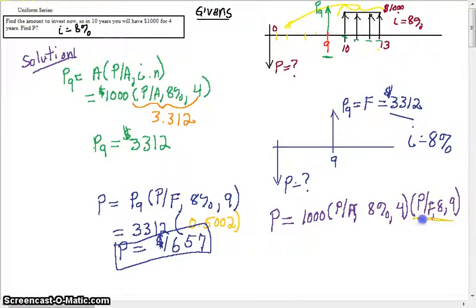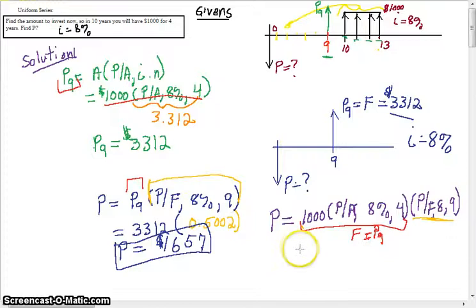This value here is the same one as here, and it's multiplied because this value here is P9, which is that value there. And we'll end up with the same value. So you can multiply these and move them. This you can think of as our future value, F, which is equal to P sub 9. So that's one way of doing it.